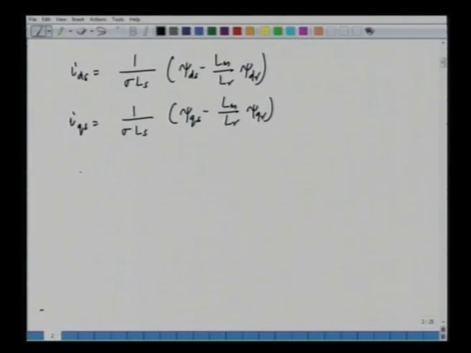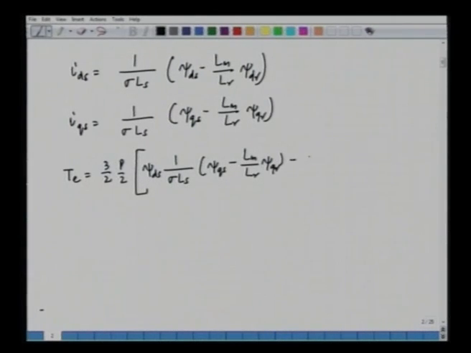So, we will rewrite the expression for the torque Te is equal to 3 by 2 into P by 2 into psi ds into 1 by sigma Ls psi qs minus Lm by Lr into psi qr, minus psi qs into 1 by sigma Ls into psi ds minus Lm by Lr into psi dr.